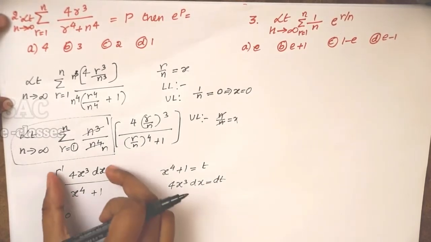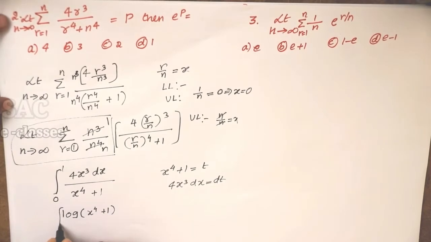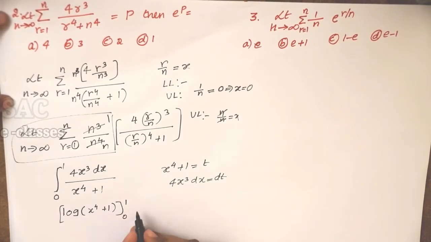Clearly we are getting dt by t, nothing but log of x power 4 plus 1 we got. Use the limit 0 to 1, which is equal to p. Already they have said it.